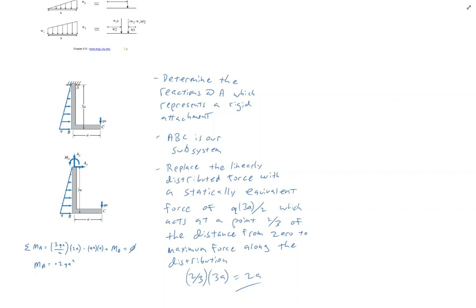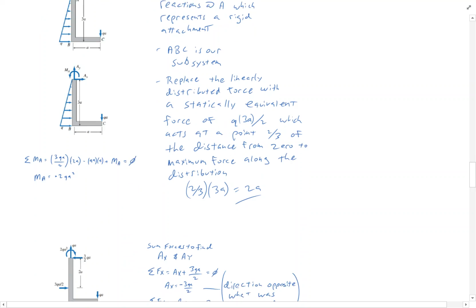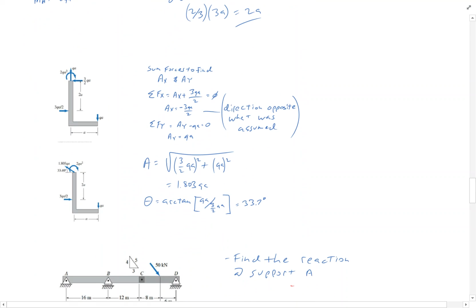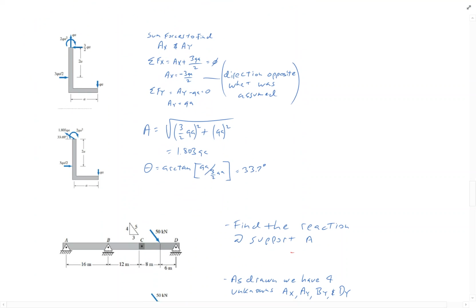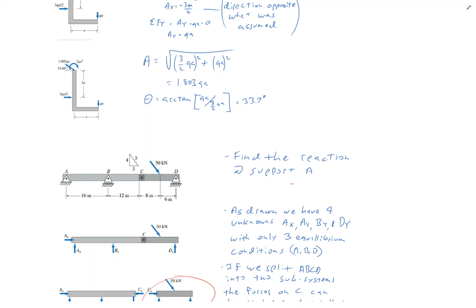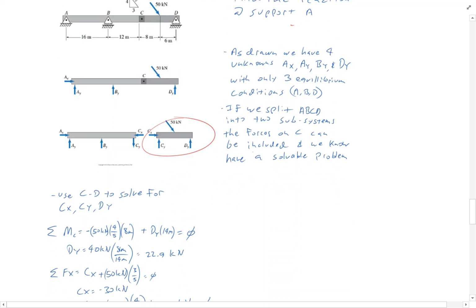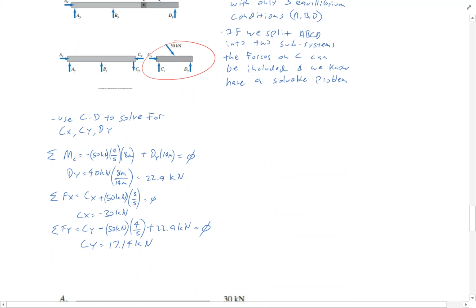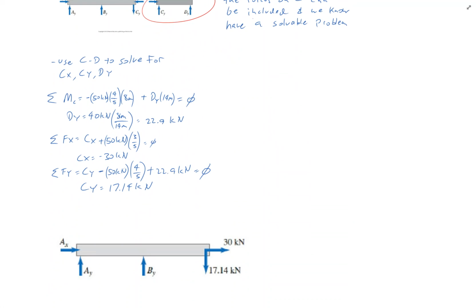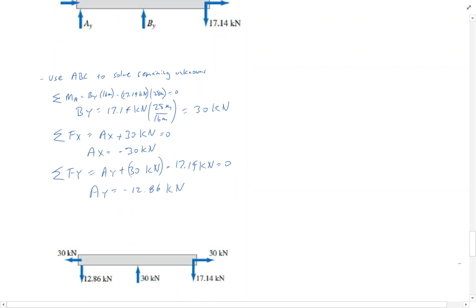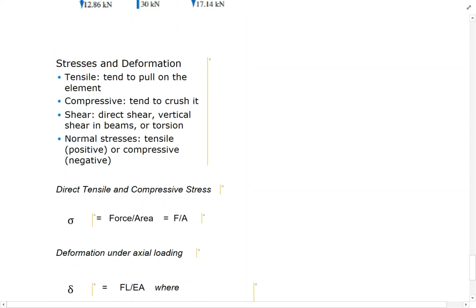But it's way easier than doing some of this. Again, another example, just summing our forces, summing our moments, assuming an equilibrium condition, and you wind up with the stress and strain in the structure.